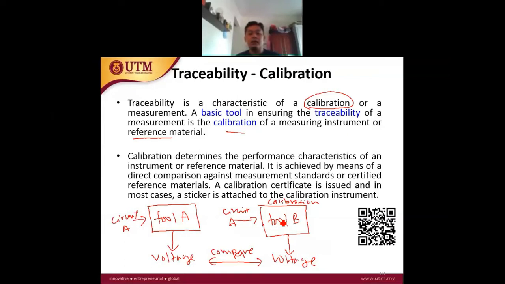So at repetitive times, it must be done regularly.